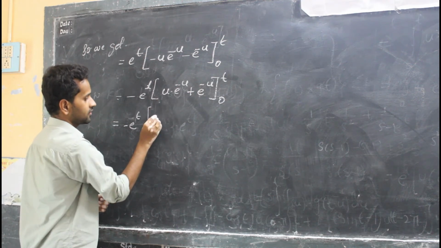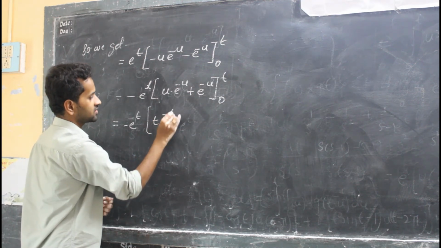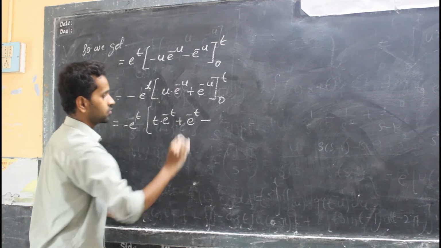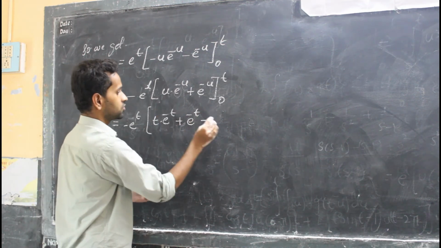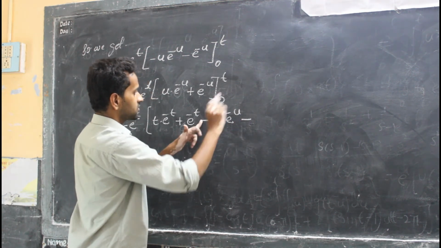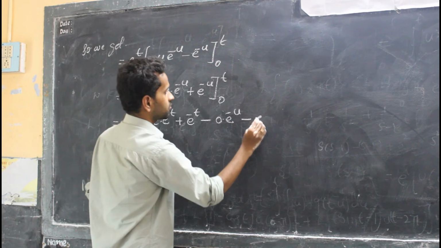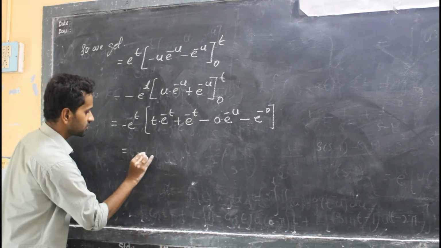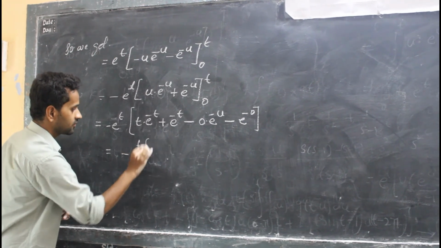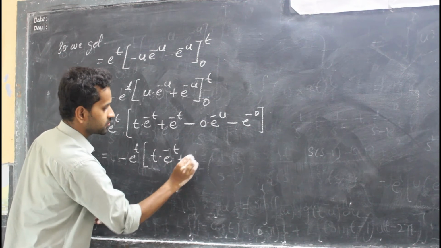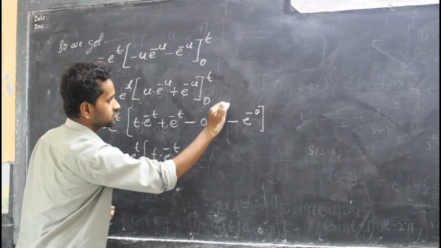Now I replace u with t: t into e to the power of minus t plus e to the power of minus t, minus the lower limit, that is 0 into e to the power of minus u plus minus e to the power of minus 0. On simplification, minus e to the power of t into e to the power of minus t plus e to the power of minus t tends to 0.